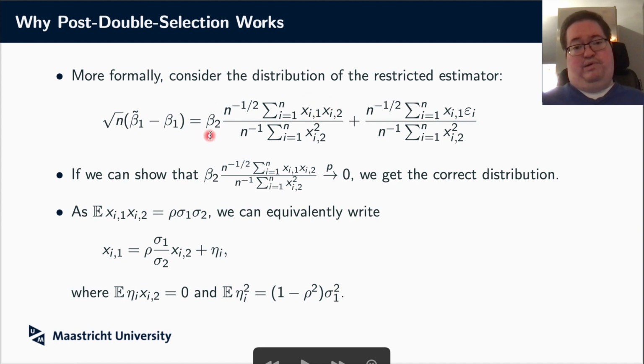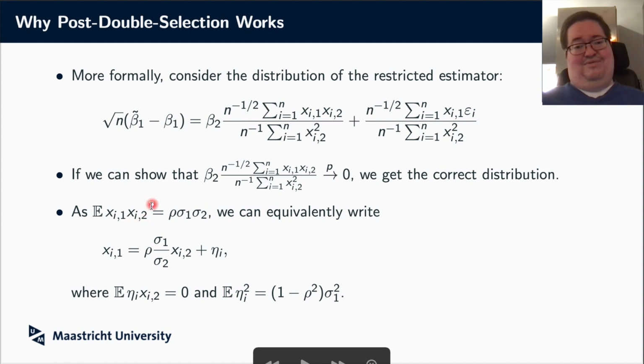But also it is multiplied by beta 2. So if this would go to 0, and note that we've already multiplied it here by square root n, which is why we have an n minus a half factor, which was the problem before. Well, if this goes to 0, then, of course, there's no omitted variable bias, and we don't get a wrong distribution.